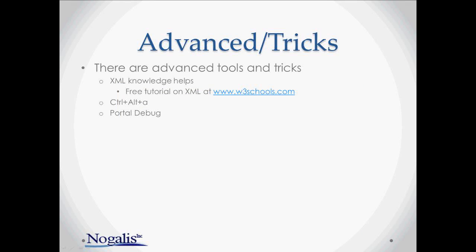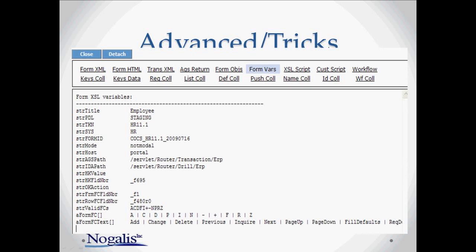So when you hit Control-Alt-A on the portal screen, you'll get this nice little display that gives you more information. Clicking on the Form Variables tab here, you see the path to the API that's used for the AX call and IDA calls. It's the servlet that it is using.